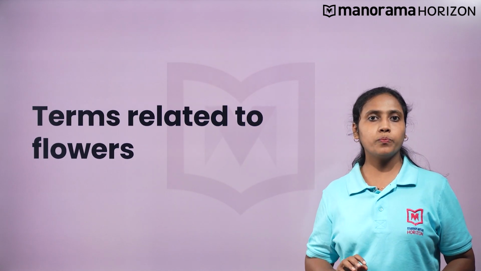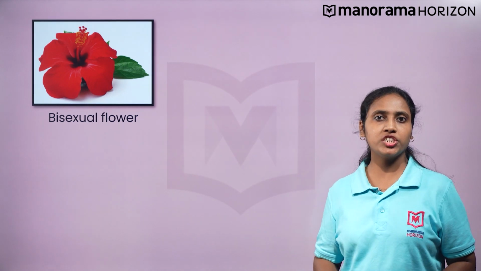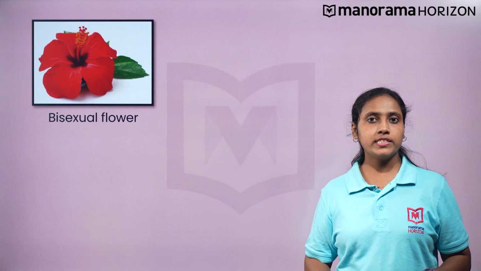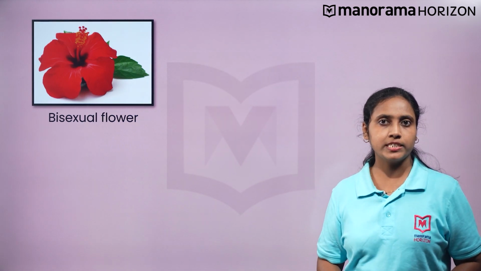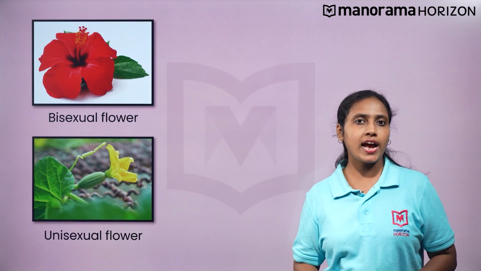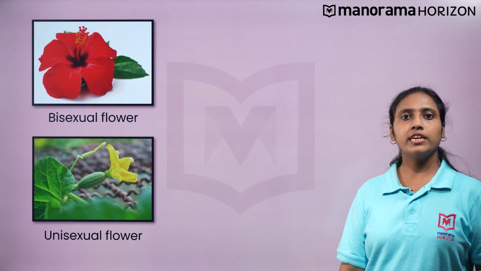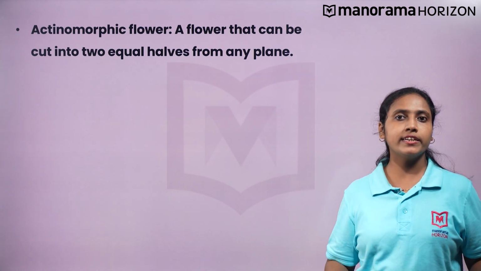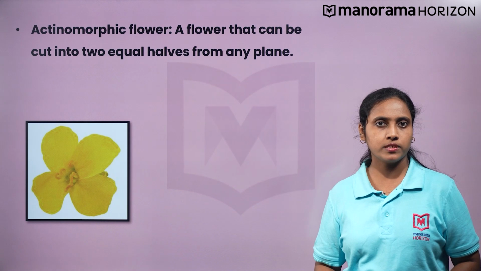When a flower has both androecium and gynoecium, then the flower is said to be a bisexual flower. Whereas if either of them is present, it is said to be a unisexual flower. A flower having radial symmetry is called actinomorphic and can be divided into 2 radial halves.